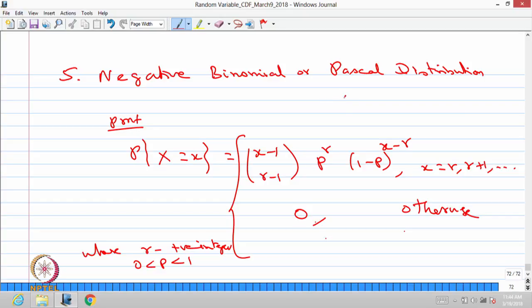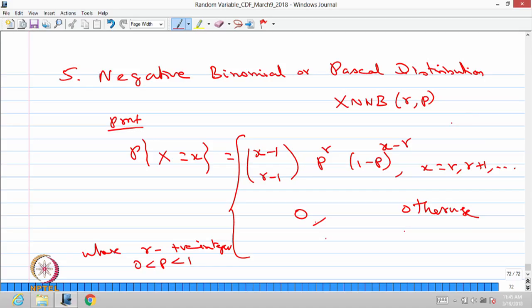We use the notation X follows a negative binomial NB with the parameters r comma p. This is also related to the Bernoulli distributed random variable, in the form of capital X denoting that in the xth trial we are getting the rth success. It follows negative binomial whenever each trial is Bernoulli and they are independent.